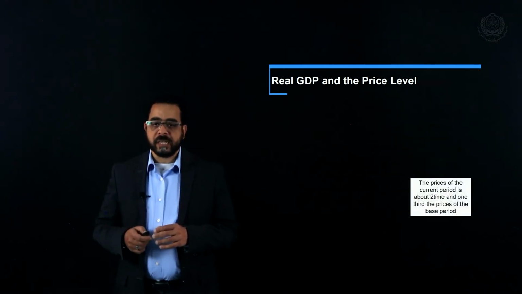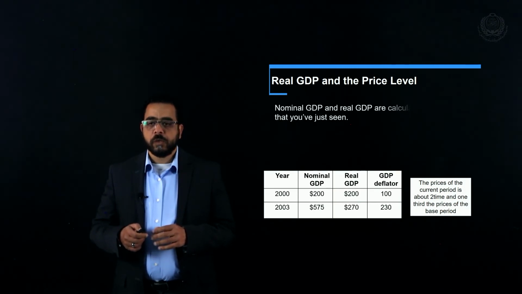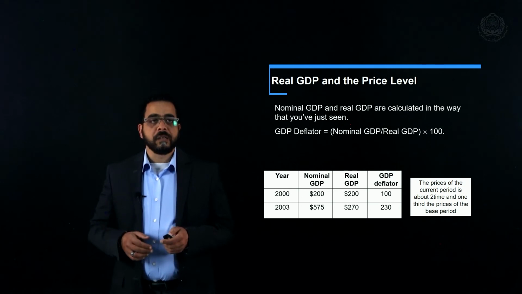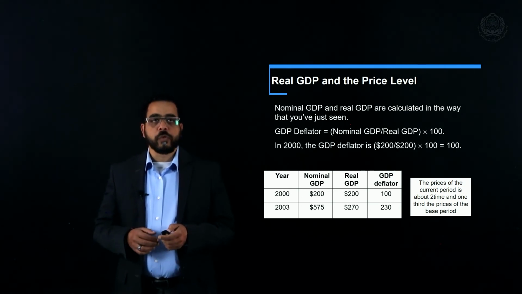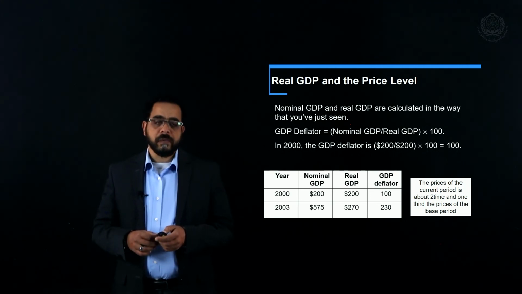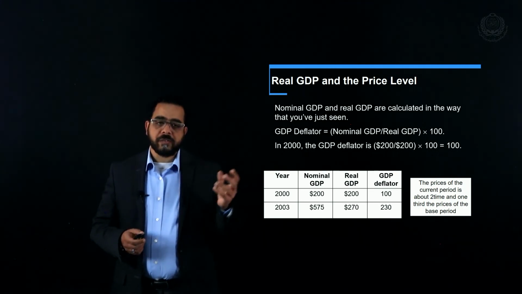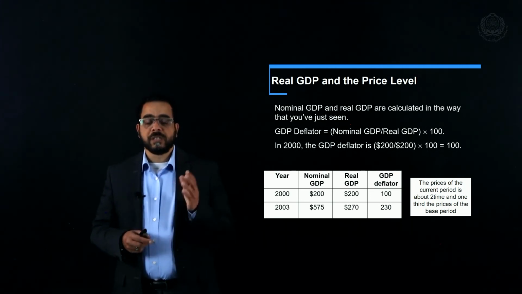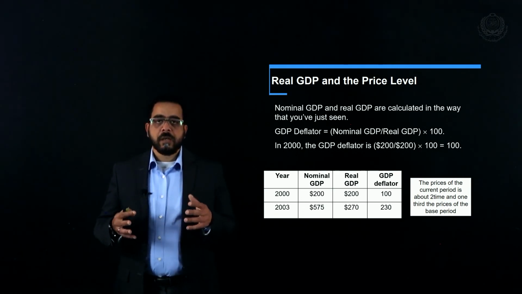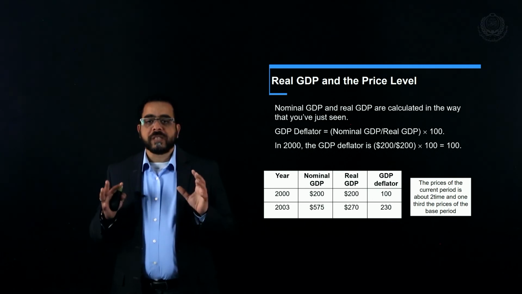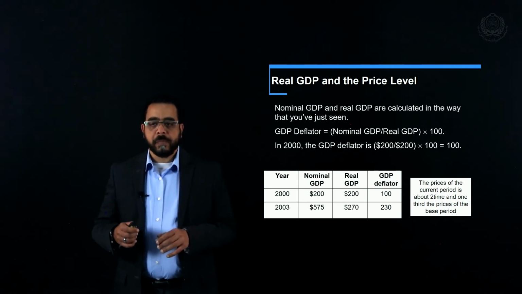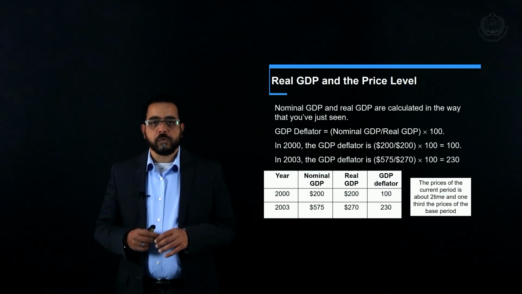So let's take an example. Using the same numbers that we just used, we can find that the nominal GDP for year 2000, 200, over the real GDP for 2000, 200, times 100, is 100. Question is, why is it 100? Because this is the base period. It's usually 100 for the base period. What about the current period, 2003?